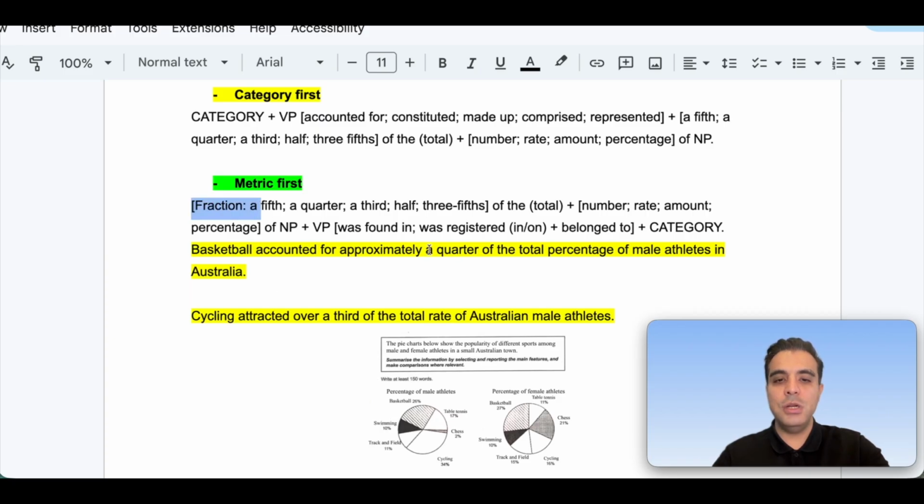So what was the fraction? It was a quarter, right? So I'm going to repeat that. I'm going to say a quarter of the total. Last time we went with percentage of male athletes. I'm going to do the same.